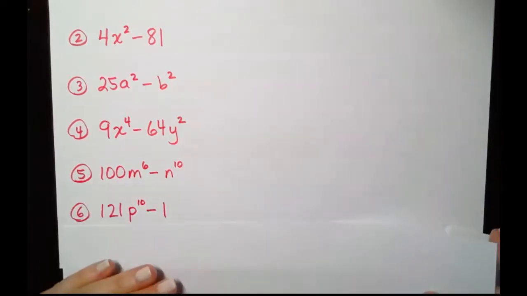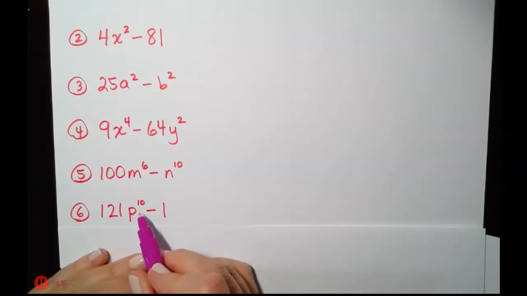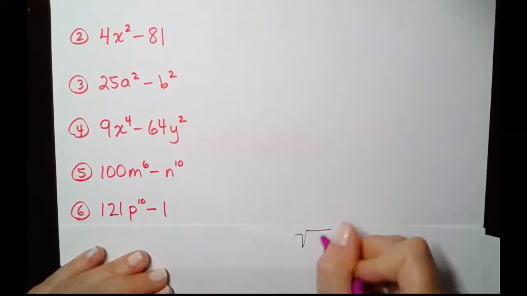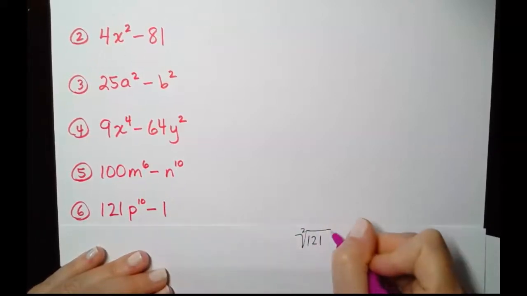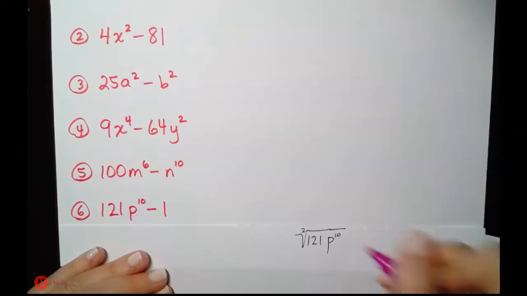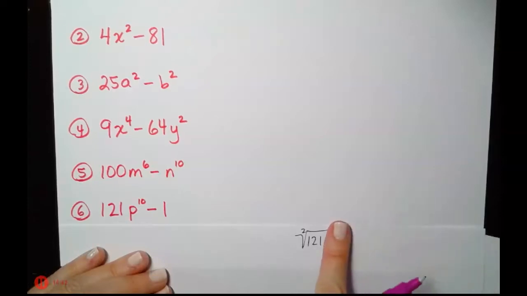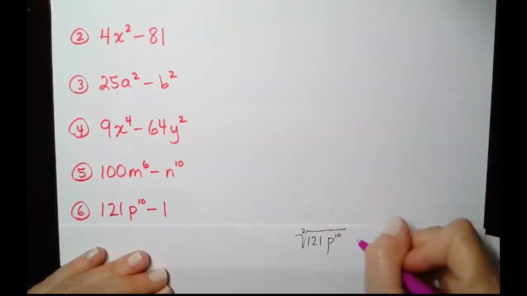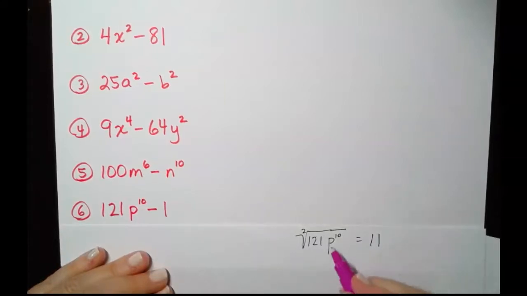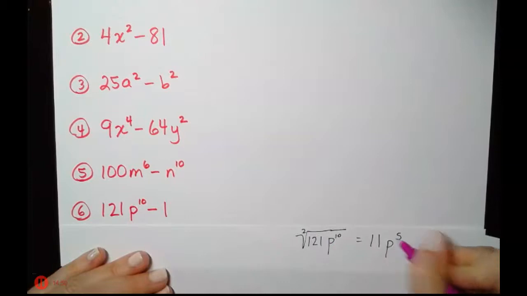One last quick problem, reminding you once again what we wrote already. All even exponents make perfect squares. So what's the square root of 121 p to the 10th? Well, the square root of 121 is 11. The square root of p to the 10th, 2 goes into 10, 5 times.